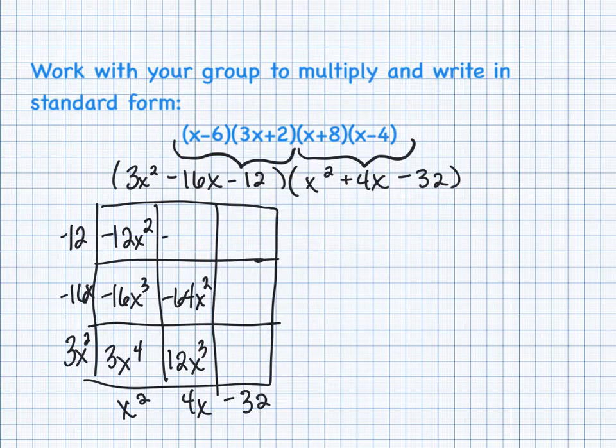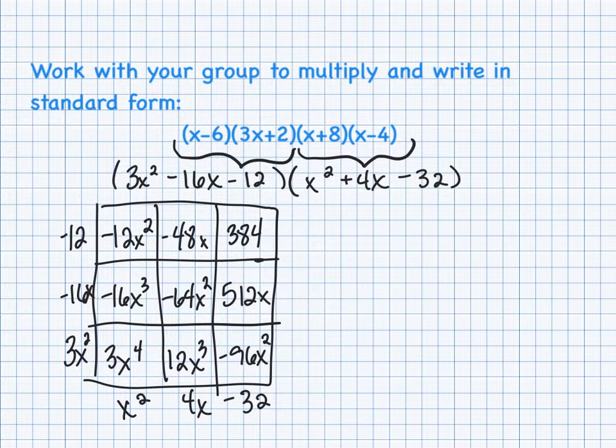Negative 12 times 4x is negative 48x. 3x squared times negative 32 is negative 96x squared. Negative 32 times negative 16 is 512x, and then negative 32 times 12 is negative 384.